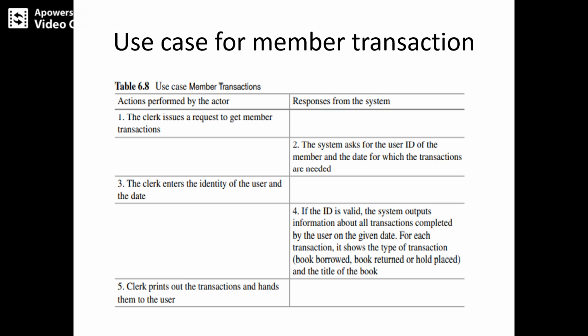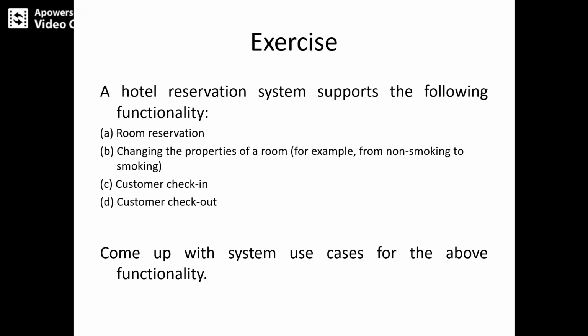So we are going to end the column-wise discussion of the use case diagram here. Next, a simple exercise is given. A hotel reservation system supports the following functionality: room reservation, changing the properties of a room, for example non-smoking to smoking or non-AC to AC, and customer check-in and check-out.